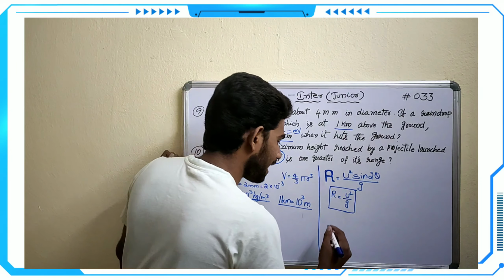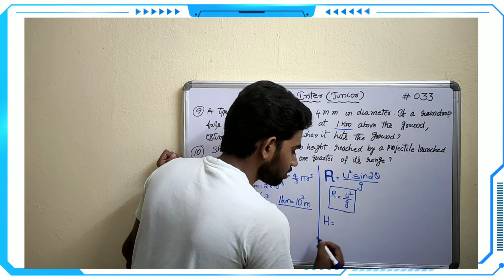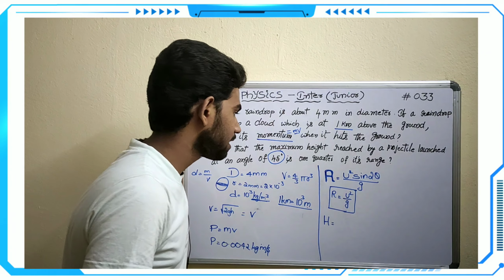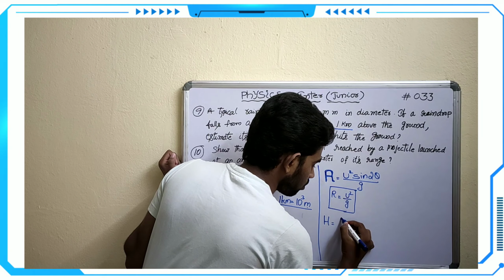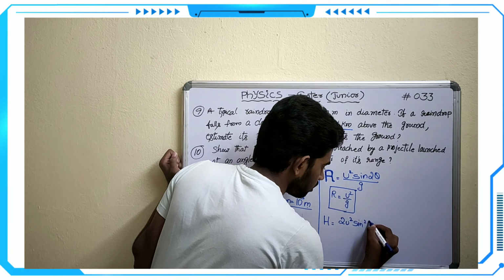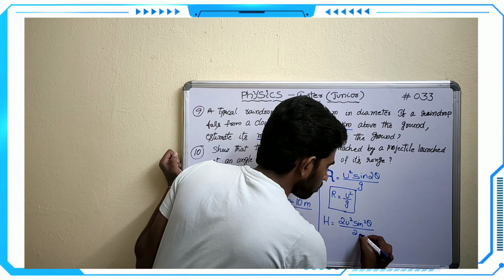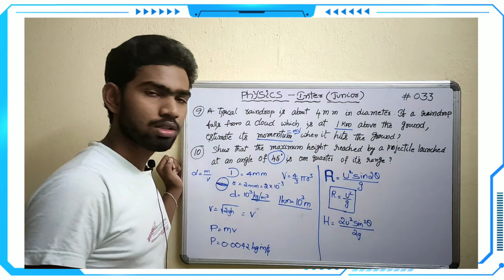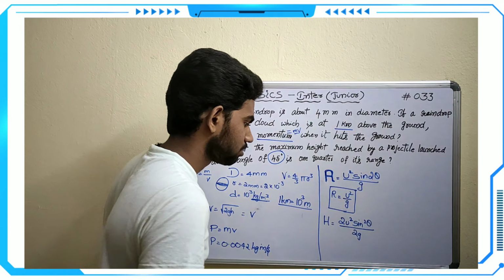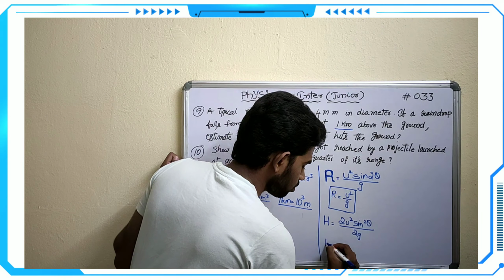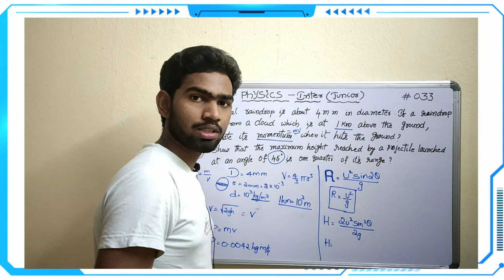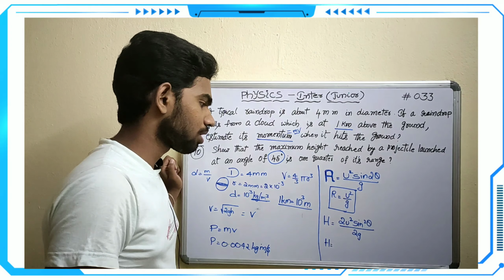And to get the relation we have to find H, the maximum height, which is equal to U square sine square theta by 2G. Here sine square theta is 1 by root 2 whole square, that is 1 by 2.